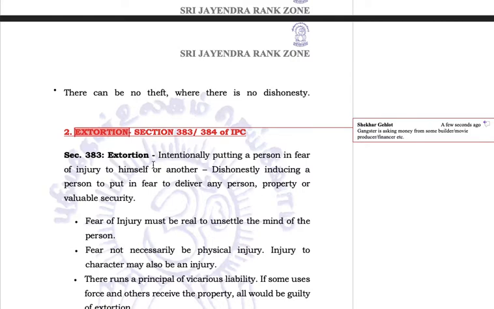Section 383, extortion: intentionally putting a person in fear of injury to himself or another. You are intentionally doing it, that means mens rea is required now. In most of the offenses, usually mens rea is required. Some exceptions are there, one of them is kidnapping. Intentionally putting a person in fear of injury to himself or another, dishonestly inducing a person so put in fear to deliver any property or valuable security.